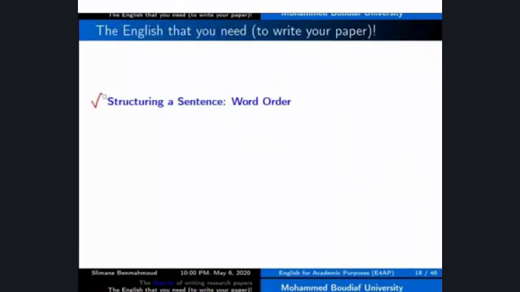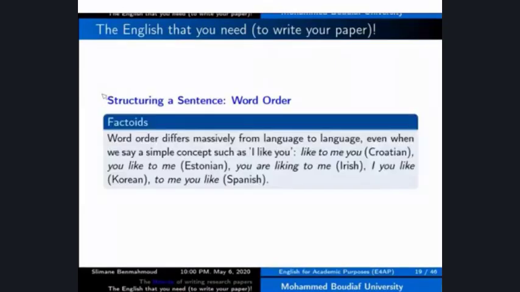So, structuring a sentence, the word order in the English language. Well, let's start with this fact. Word order differs massively from language to language. Even when we say a simple concept such as "I like you," it will be "like to me you" in Croatian.